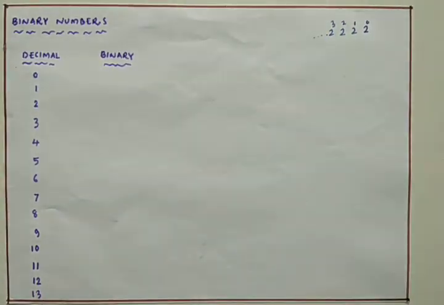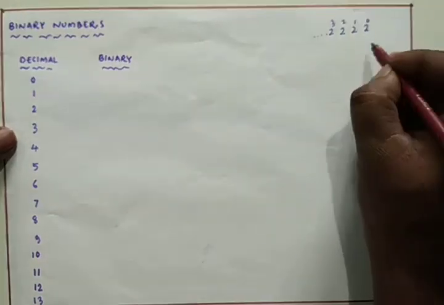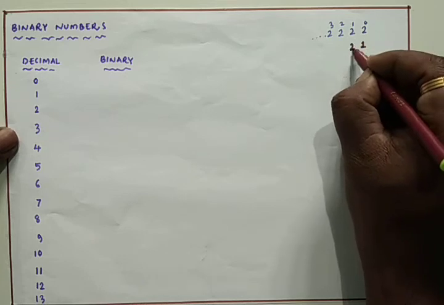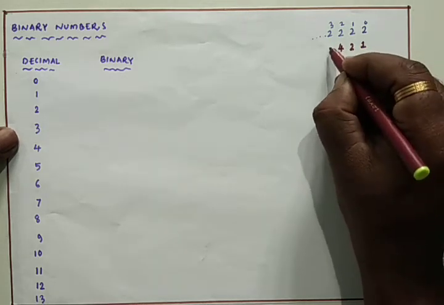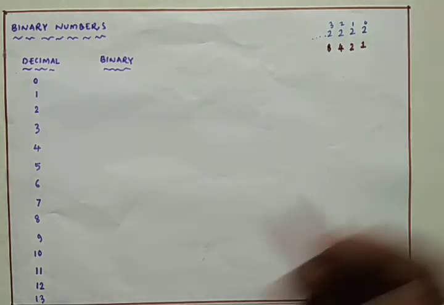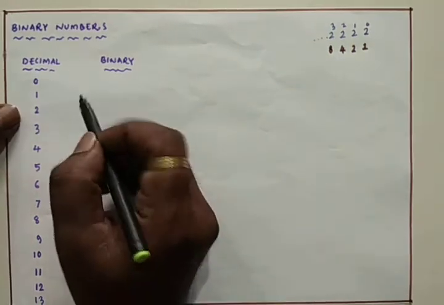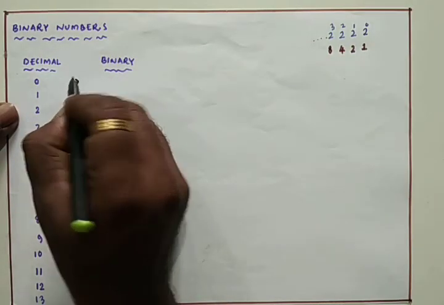So 2 power of 0 is equal to 1. 2 power of 1 is equal to 2. This is 4 and this is 8. So the first number we have to have is 0.